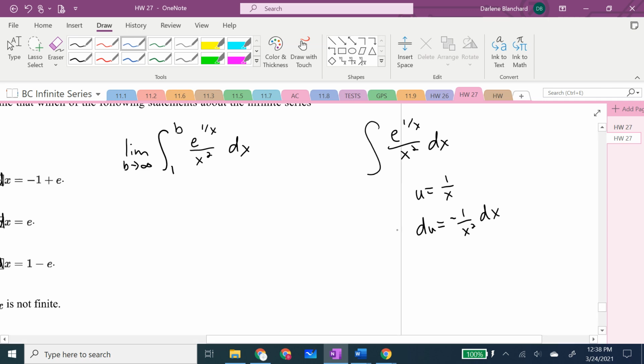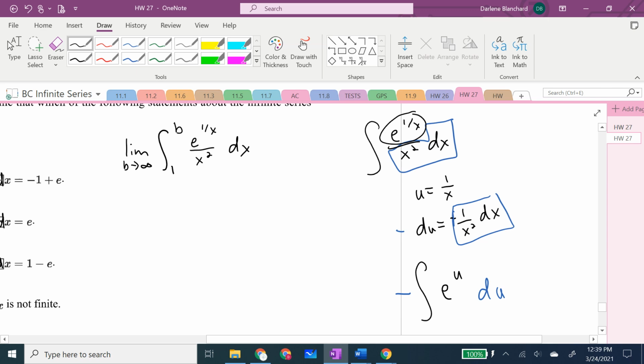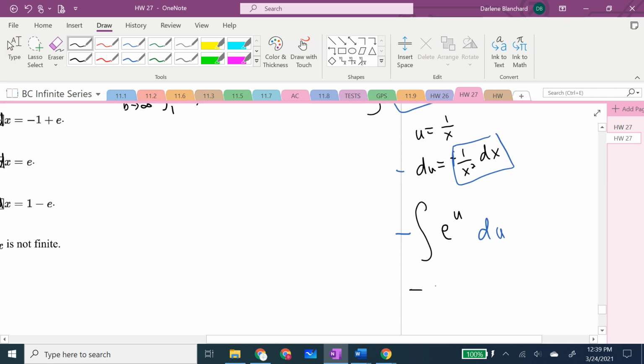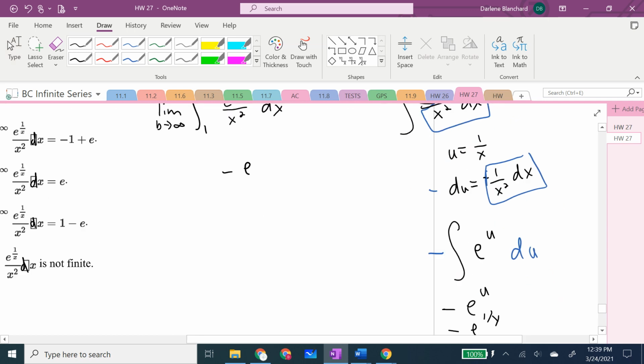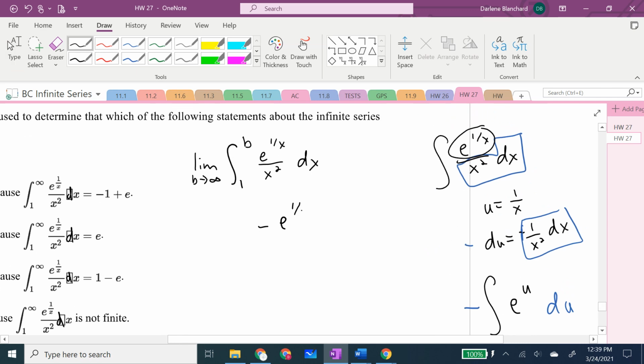And if I multiply the negative over to the du, this becomes positive, and I can see that the x squared dx is replaced with a negative du. And then my integral becomes what's left over, e to the u. Integrating, I get e to the u. I put the u back in. And that is the answer to the indefinite integral.